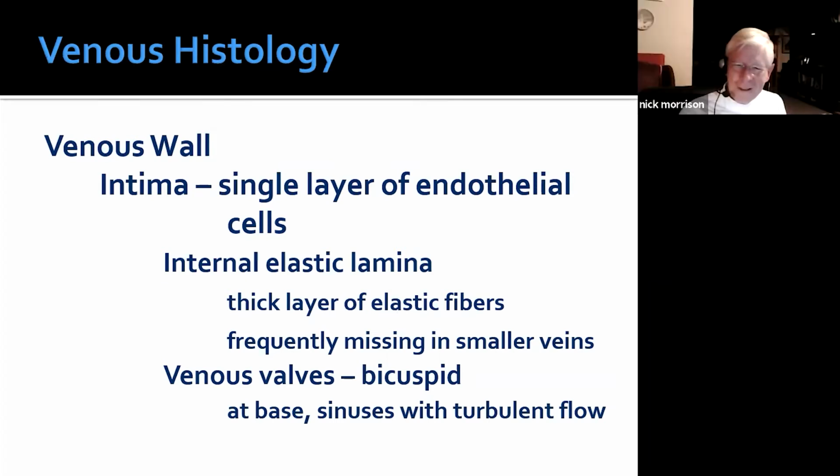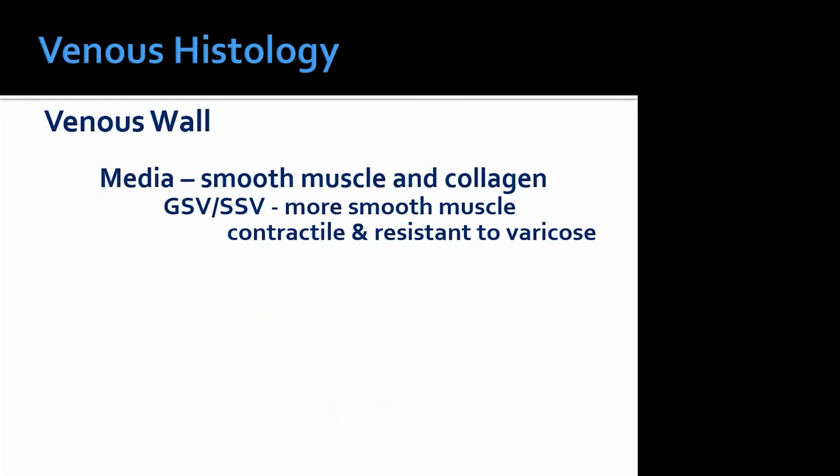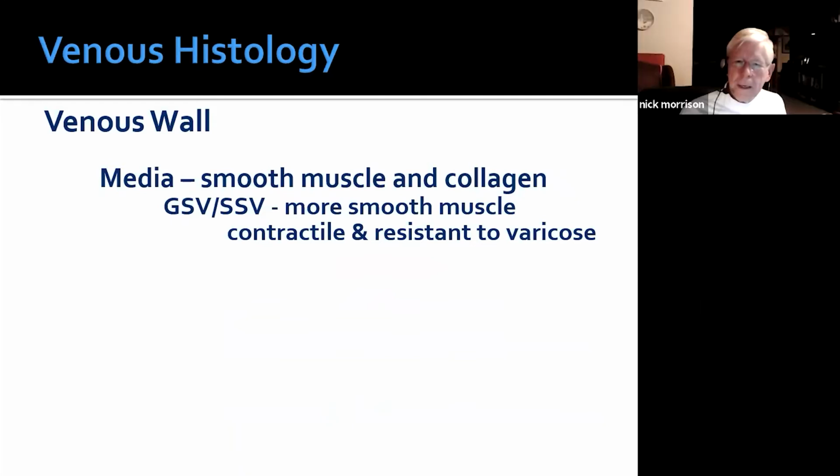Turbulent flow in the sinuses initiates closure of the valve. And there's a media that has smooth muscle and collagen. Great saphenous vein and small saphenous veins have more smooth muscle, and they are contractile and really resistant to becoming varicose.